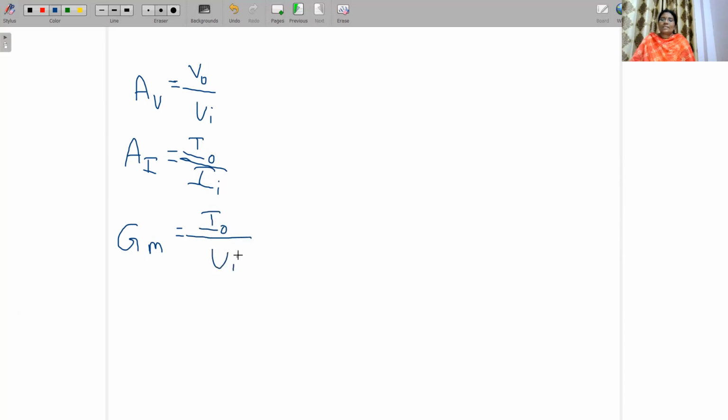Then Rm, the trans resistance of the amplifier, is equal to V naught by Is. These are the gains for the voltage amplifier, current amplifier, trans resistance amplifier, as well as trans conductance amplifier.